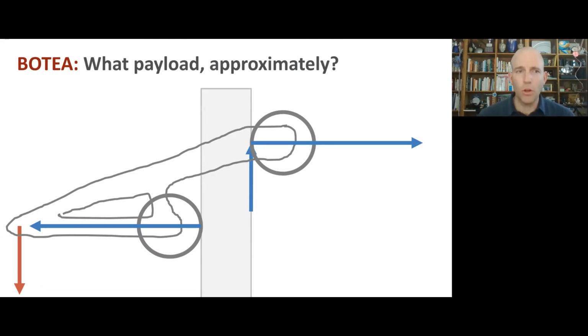Now we can start to get a little more quantitative. And one of the big questions that is going to influence our choices here is approximately how big is this payload anyhow? Are we talking about 10 grams or 10 kilograms or 10,000 kilograms? Well, a good way to get at that is by thinking about these other aspects of the task.